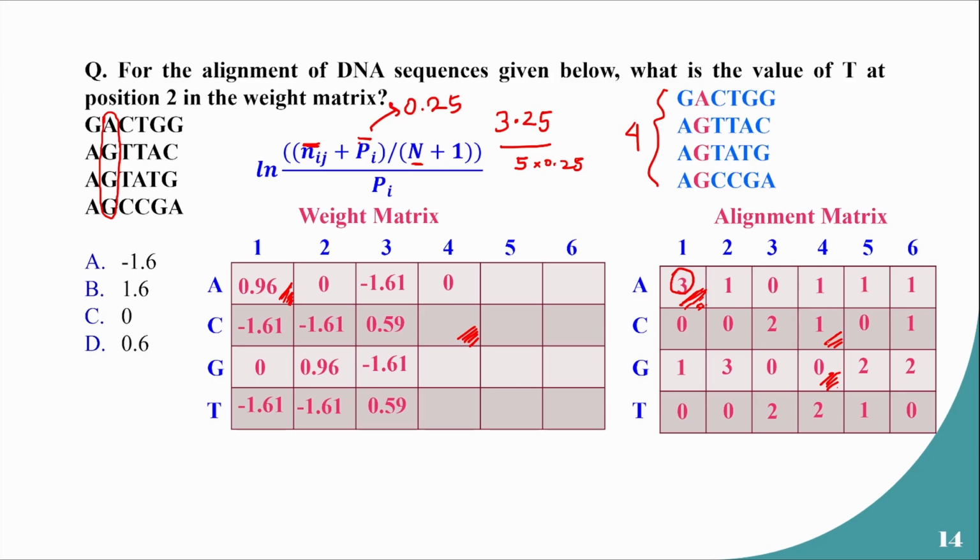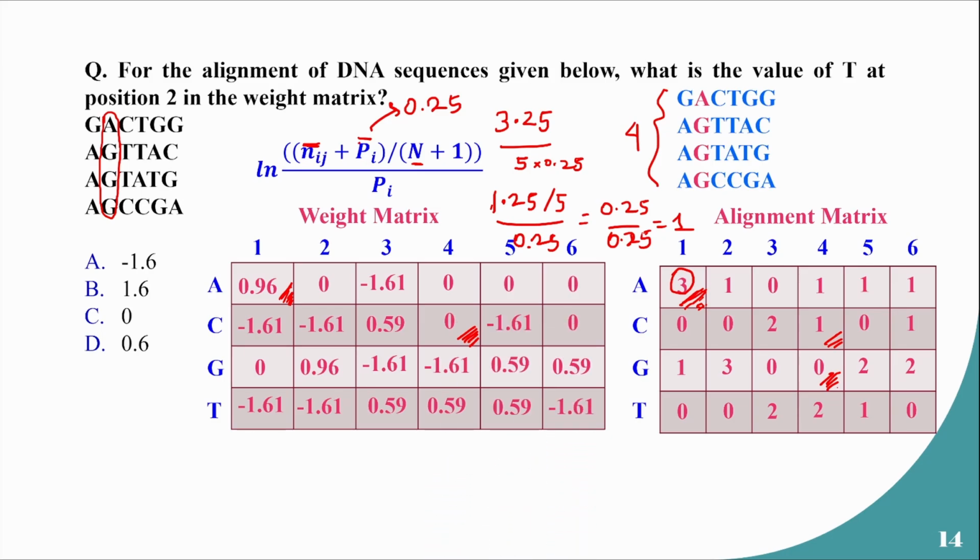Yeah, I see ln of 1, 0. Basically, it will be 1.25 divided by 5 divided by 0.25, something like that, right? So 0.25 divided by 0.25 equals 1. So ln 1 will be 0. Like that, you have to calculate for each grid.